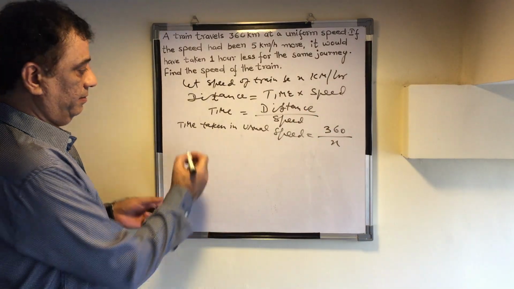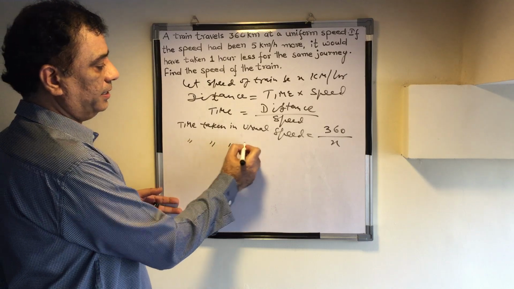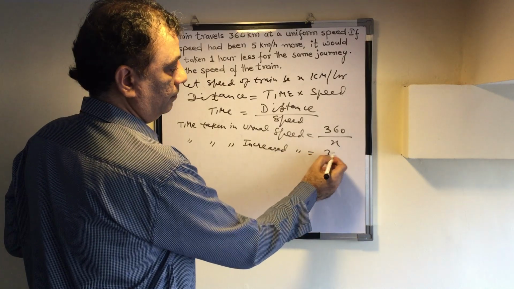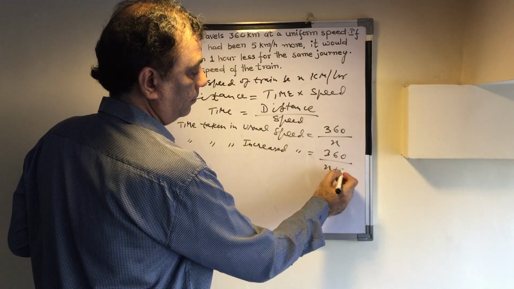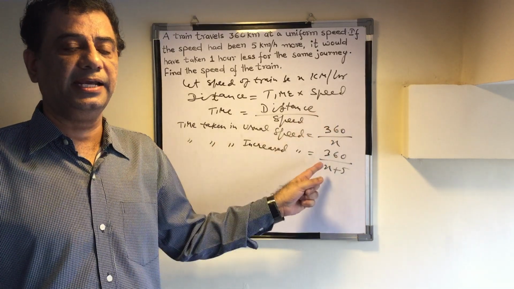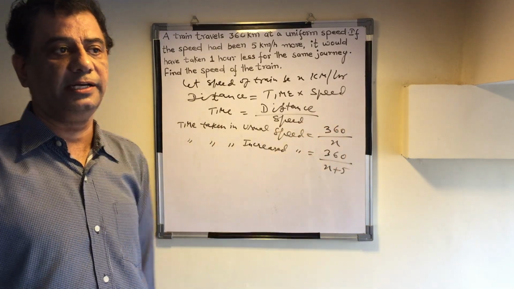If we increase the speed, then the time taken in increased speed: this is the time taken in usual speed, that is 360 by x, distance upon speed of the train.